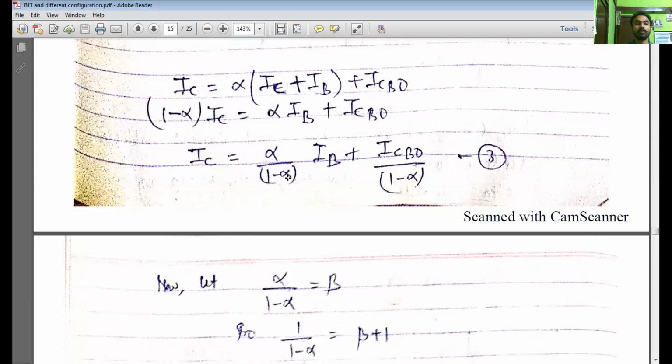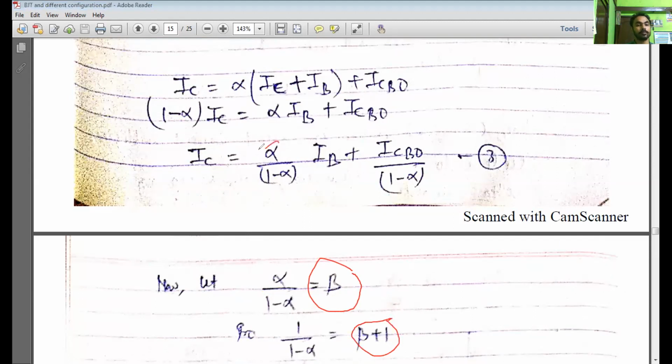Now alpha upon (1 minus alpha), I told you, is called beta, and that is also the current gain. And 1 upon (1 minus alpha), if we do the mathematics, comes out as beta plus 1.